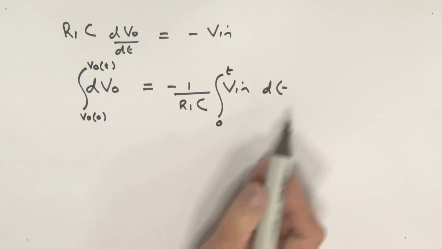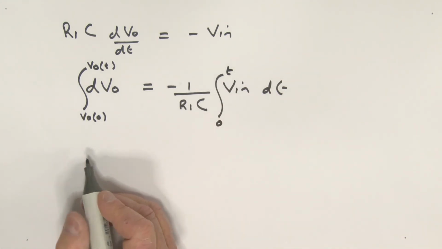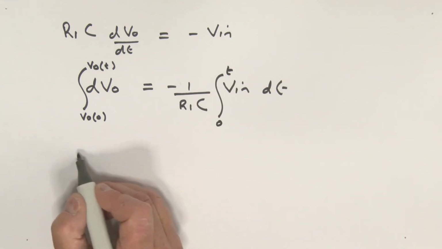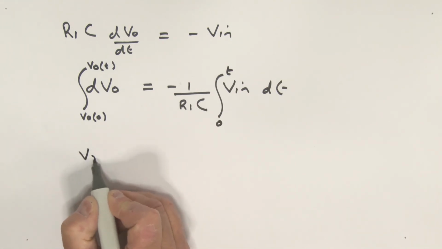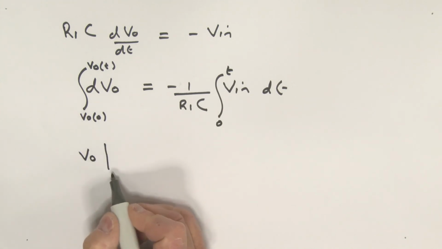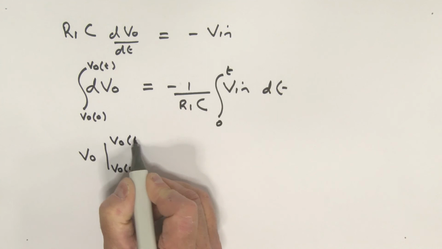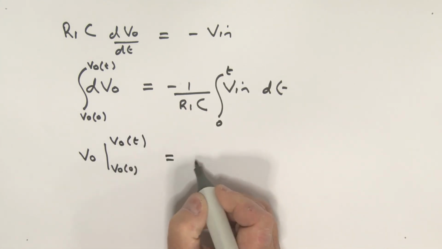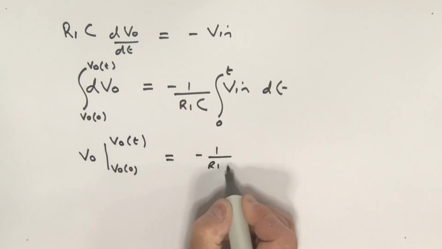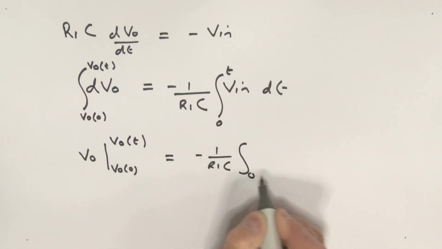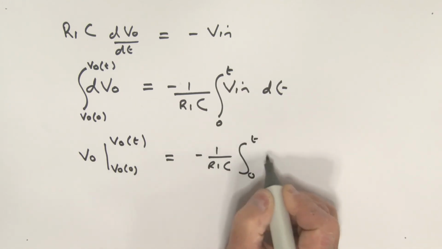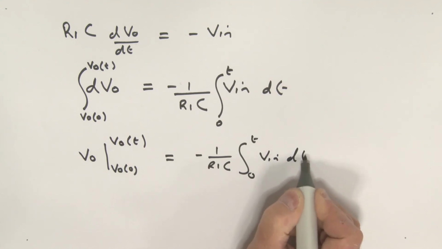So performing the integration here, what do we have? Same as before. We have VO between these two limits, VO at time 0, VO at time t, and that is of course equal to minus 1 over R1C, limits between 0 and t, V in dt.